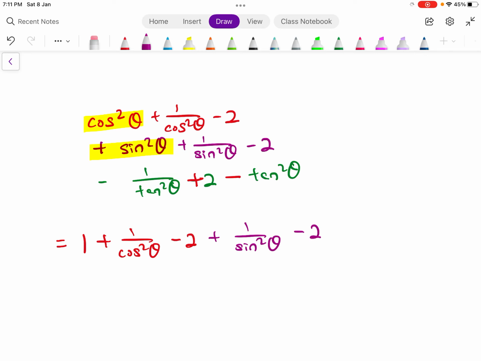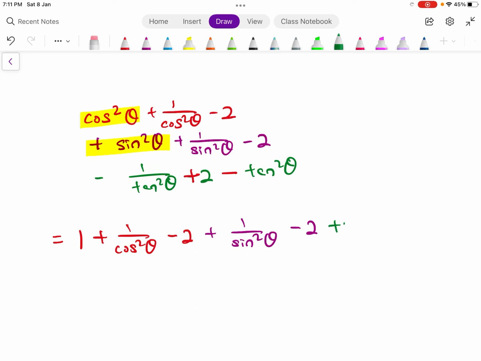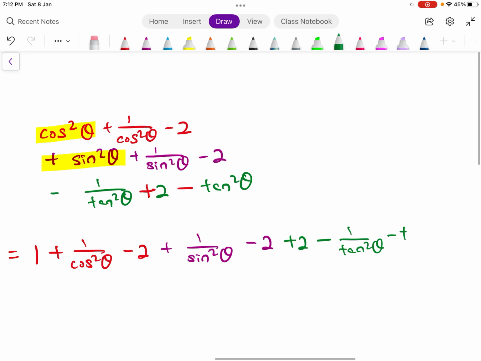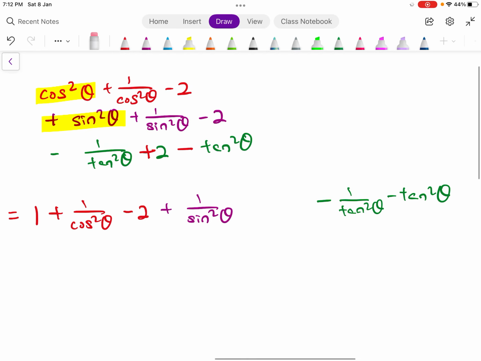Then let's put the green color down: plus 2 minus 1 over tangent square theta minus tangent square theta. Let's cancel anything that can be cancelled. Minus 2 plus 2 cancel away.